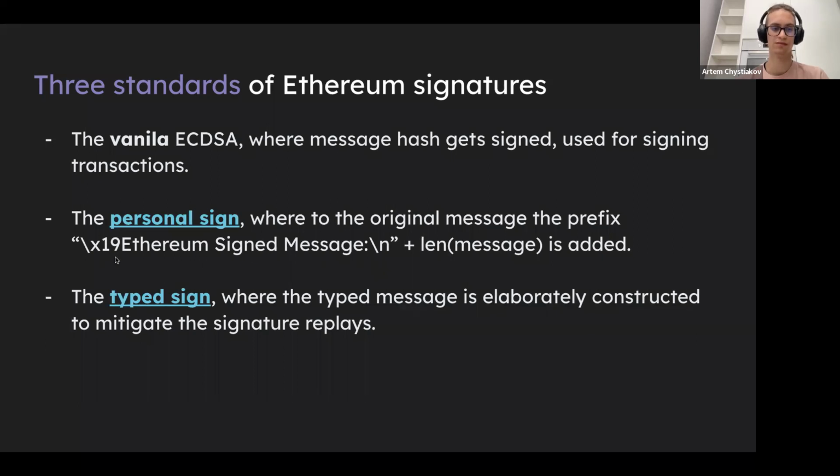And also this enables Ethereum signatures to be used only in Ethereum, because other protocols that are not connected to Ethereum at all, not the blockchain ones, but that use ECDSA, will not append this prefix. So the signature is going to be different.